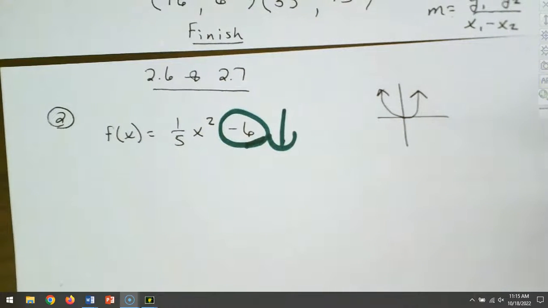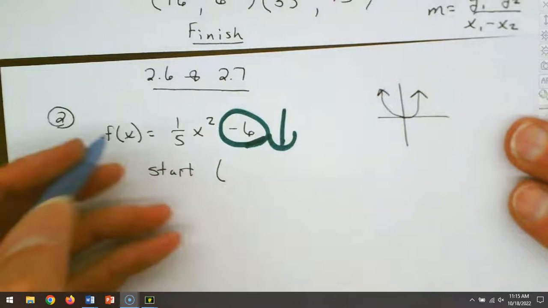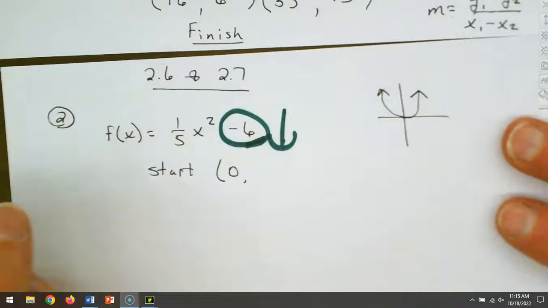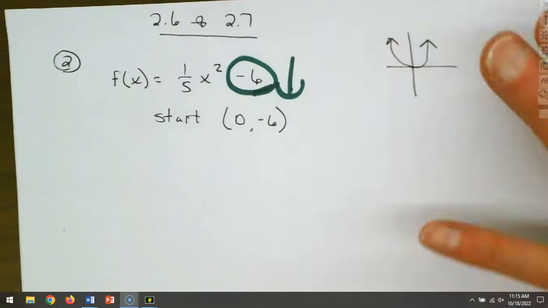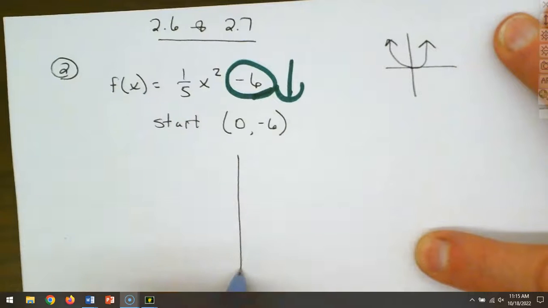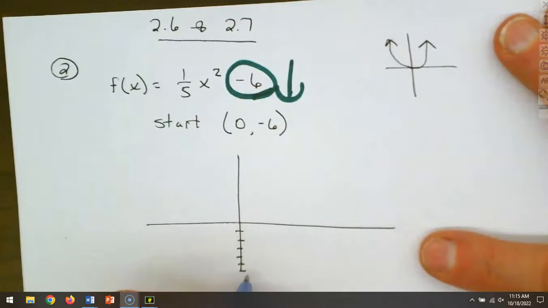That's on the end, so that forces it down. So where am I going to start at? I'm not moving it left or right, so I'm going to start at 0, comma what? Negative 6. So there it is, right there. That's where I'm going to start, at 0, negative 6.